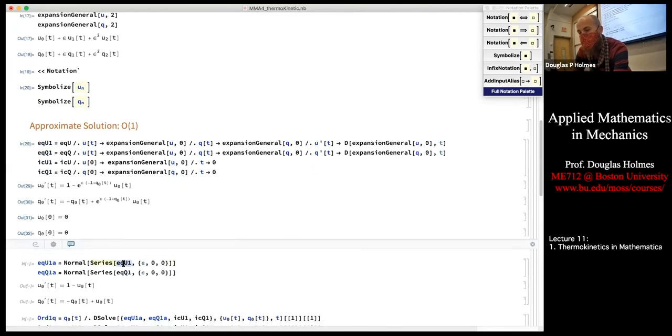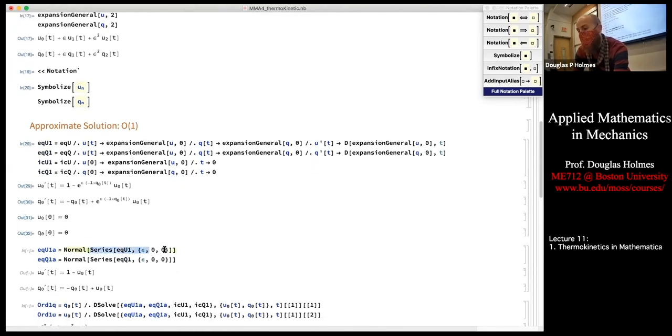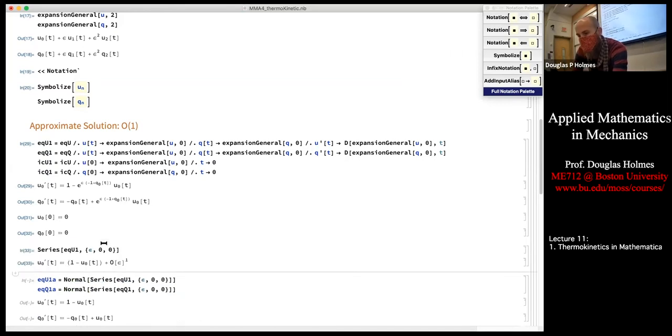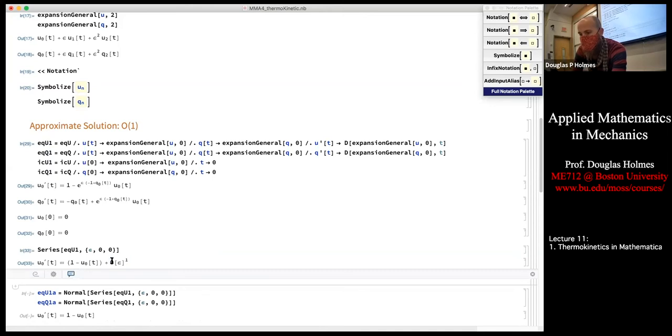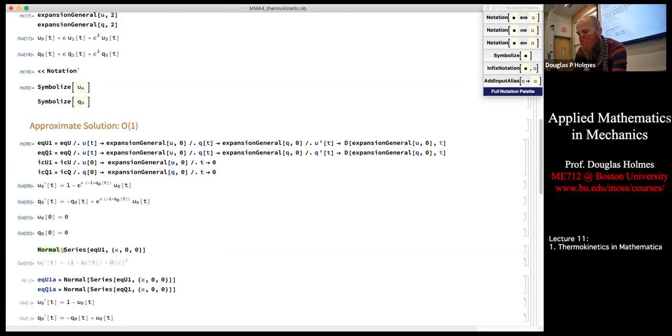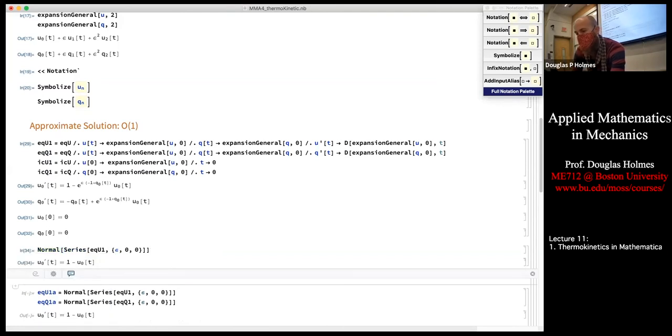Take my new equation, do a series expansion. We're going to start with order 1 solutions, which in Mathematica means do a series expansion of epsilon around 0 to the 0th order. So let's see what that looks like. Looks like this. And we want to get rid of this pesky order epsilon to the 1 power, so we go normal. Make that equation look more normal.